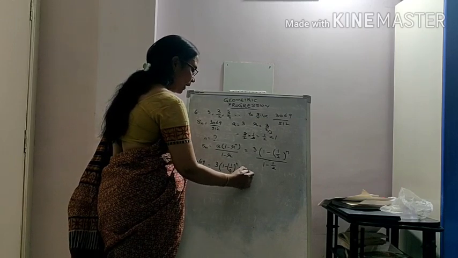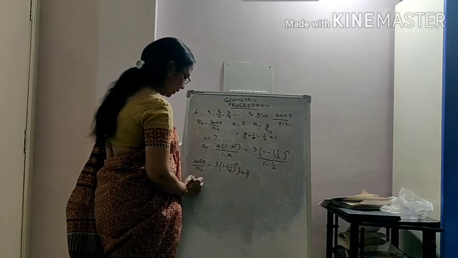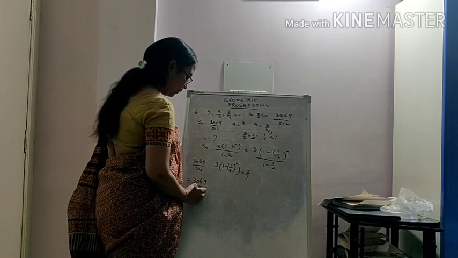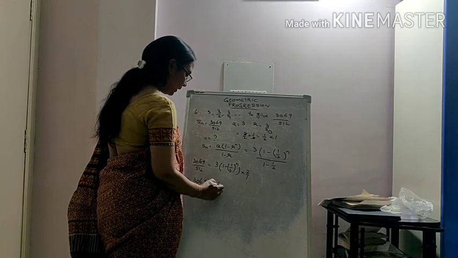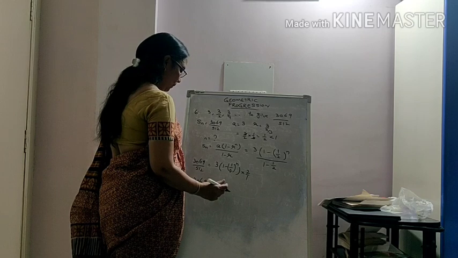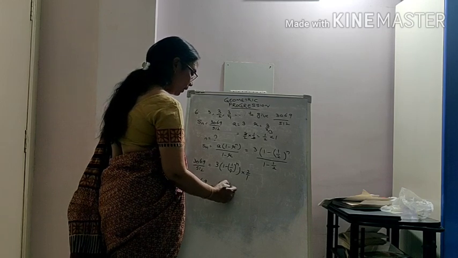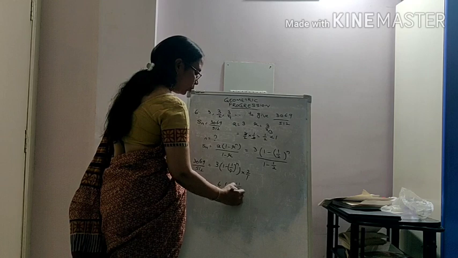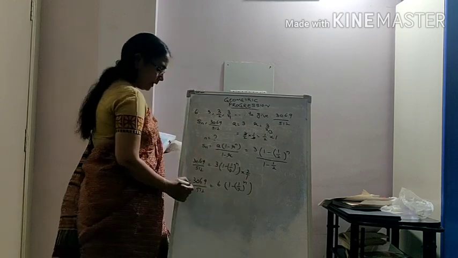So this can be written as 2 upon 1. So 3069 upon 512 is equal to 6 into 1 minus 1 by 2 whole to the power of n.